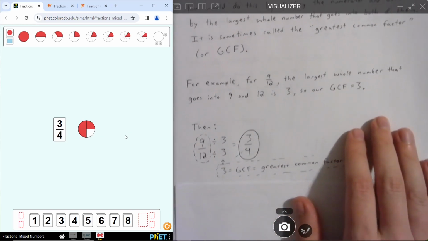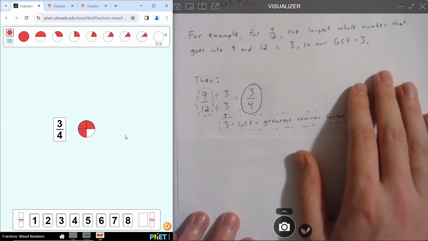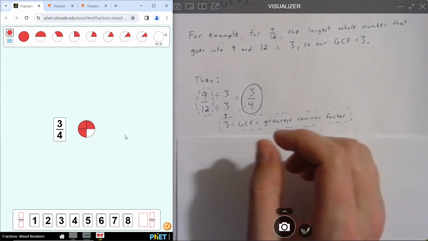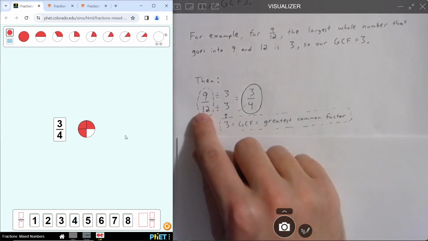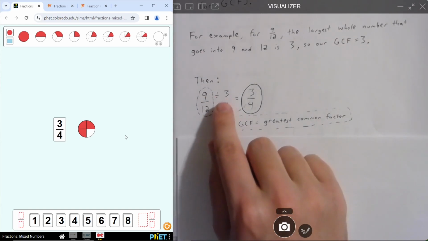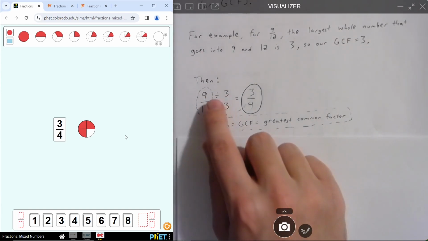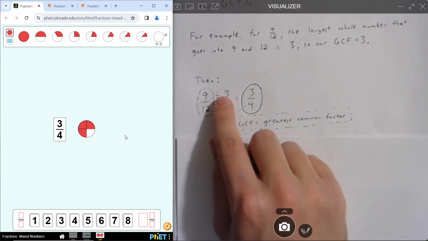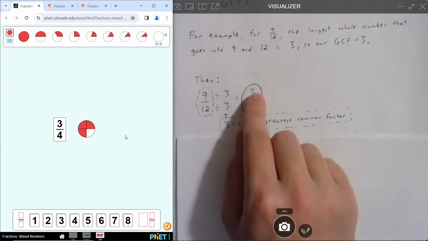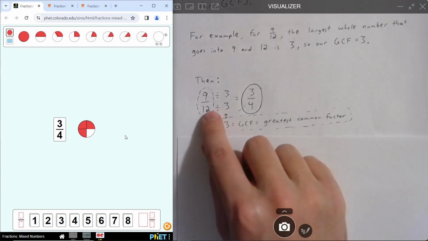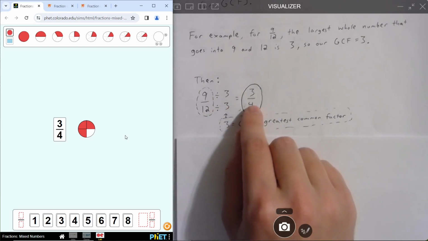Then what we end up doing is we take that greatest common factor, the largest number that goes into both our numerator and denominator, and we divide them both by that number on top and bottom. So we have 9 divided by 3 here gives us 3 whole. And 12 divided by 3 here gives us 4 whole.